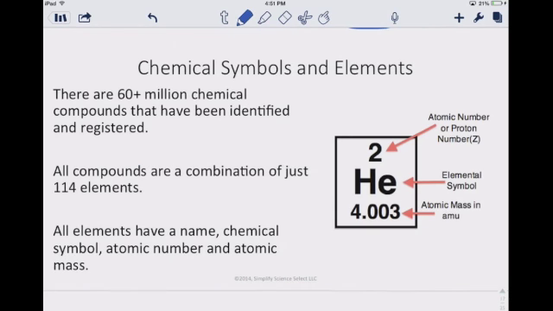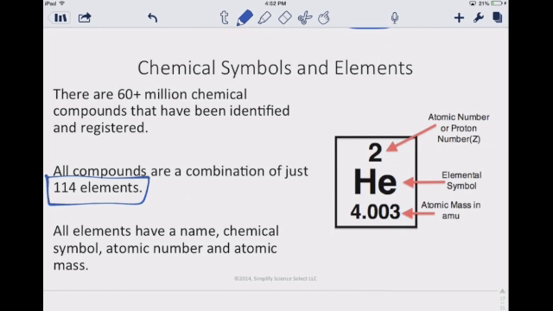Okay, moving on down, jumping into chemical symbols and elements. There are 60 million chemical compounds that have been identified and registered. All compounds are a combination of just 114 elements. So there's not a lot of elements, but they combine to make over 60 million chemical compounds.